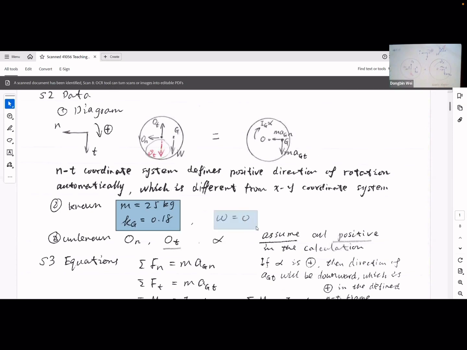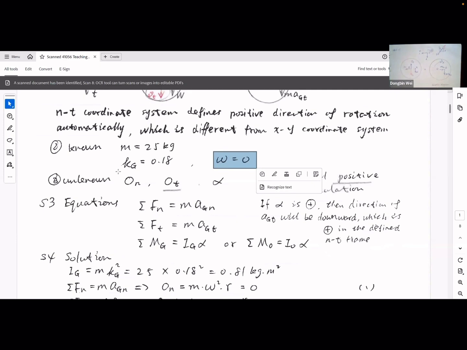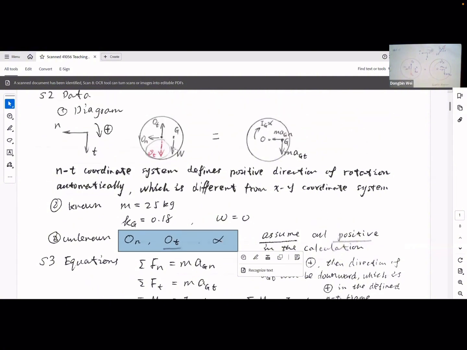Angular velocity may be 0, but the angular acceleration won't be 0 because at this instant there is already a force on the flywheel to drive this flywheel rotating. Now, unknown, we don't know ON, OT, and alpha. And we can assume all of these positive as indicated here, here, and here.